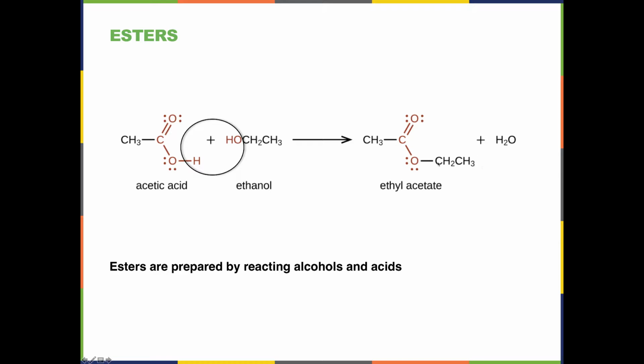And then what's on this side is the first name. Now the other way to do it is to figure out which was the acid and which was the alcohol when they reacted. Because the acid forms the second name, and the alcohol forms the first name. And that's the other way you can figure out how to name this thing.